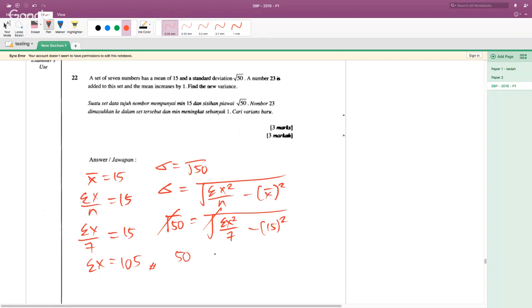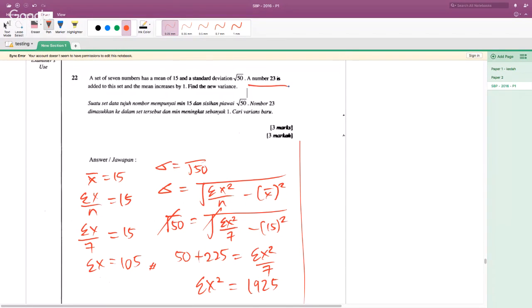So 50, I move the minus 15 squared to the other side, so it becomes plus 15 squared. I will just type 15 squared first: 50 plus 225 equals sum of x squared over 7. So sum of x squared is basically 50 plus 225 multiplied by 7. So you get 1925.